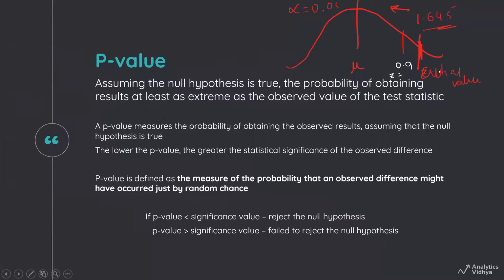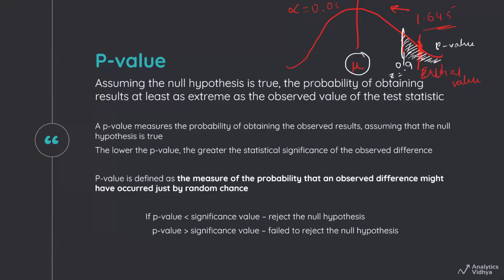Now, what is p-value? P-value is the probability of finding a number greater than what you got. So the entire region marked by white shade is the p-value. Given my null hypothesis is true, the probability of finding a z statistic greater than 0.9 is this.